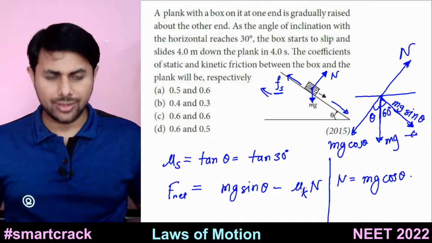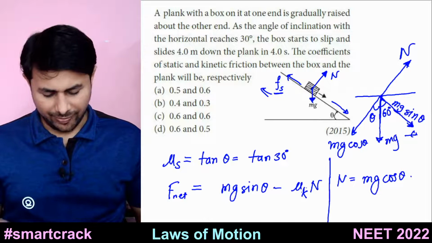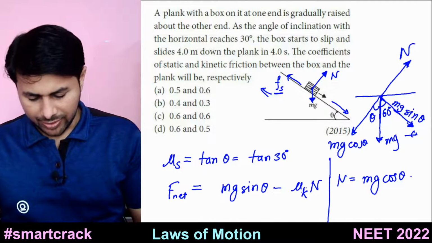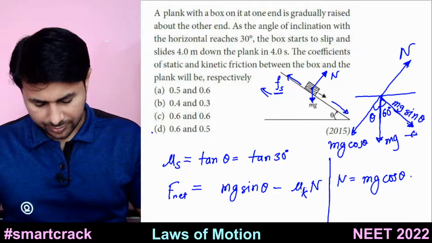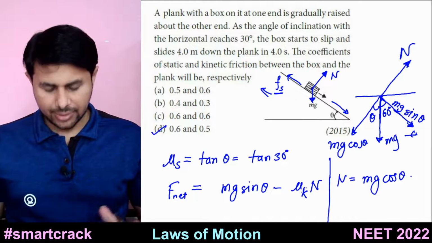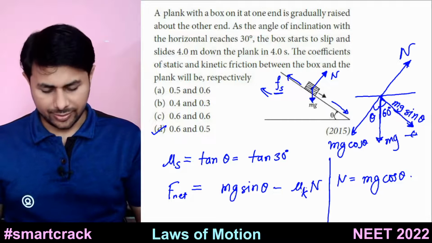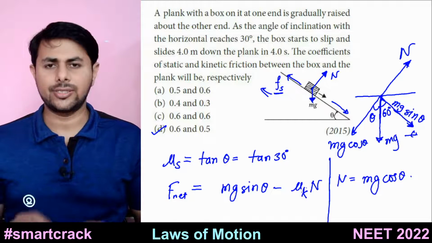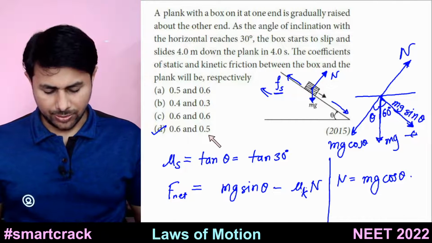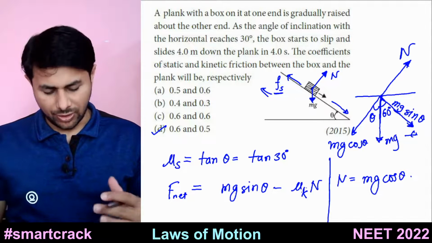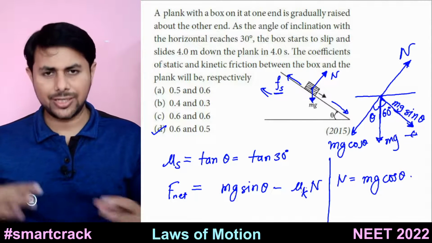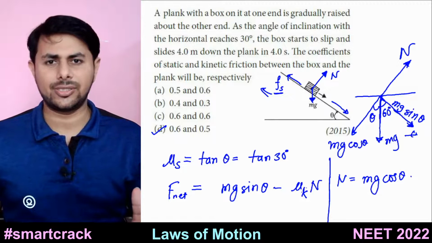So we need not solve it, because in options we are given that it is 0.6 and one option lesser than that. It is 0.5, so option D should be the answer. We can solve it and check, of course, but we need not solve it because we don't have that much time.